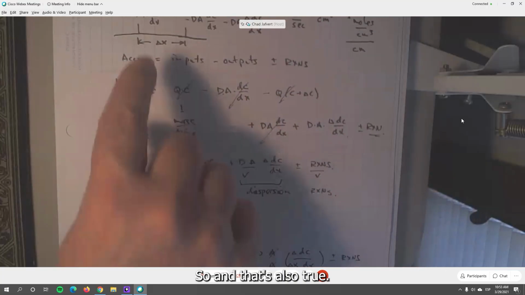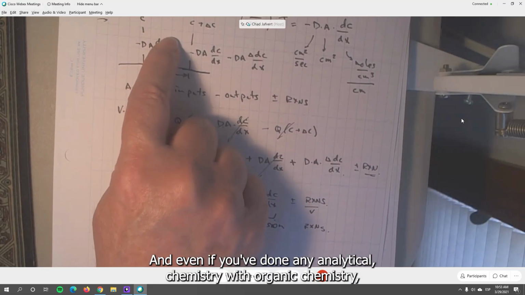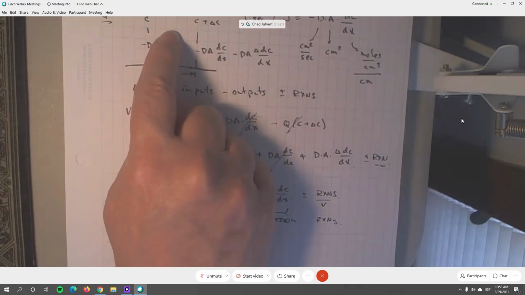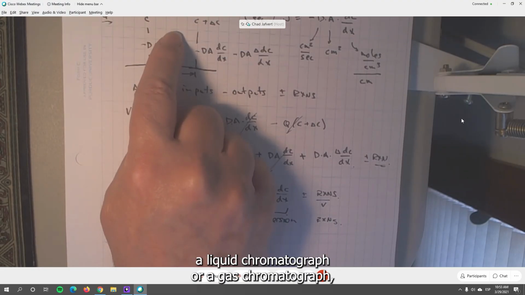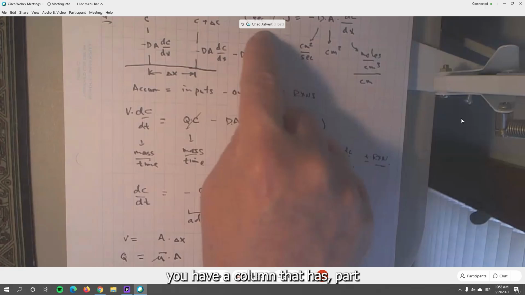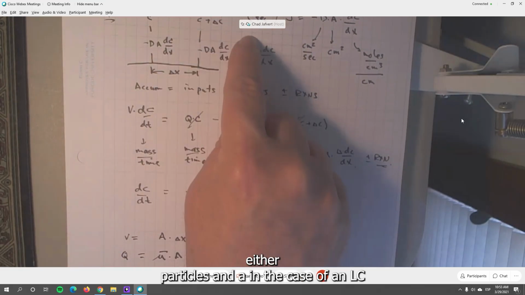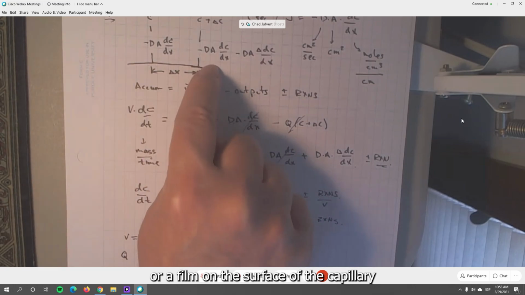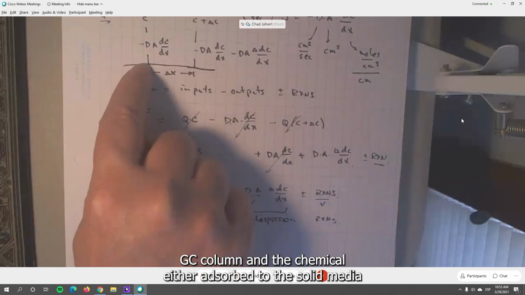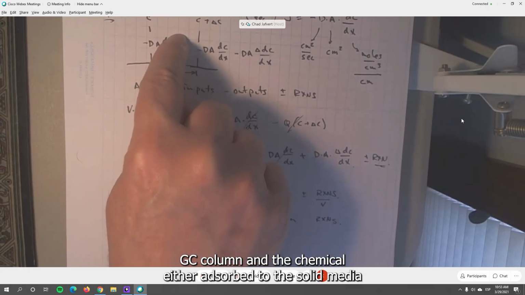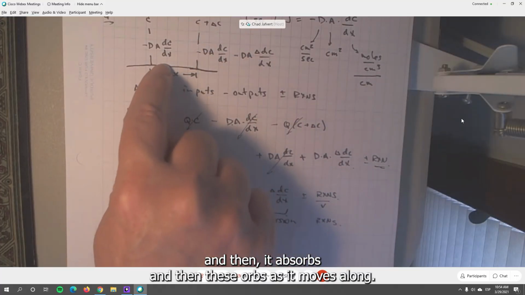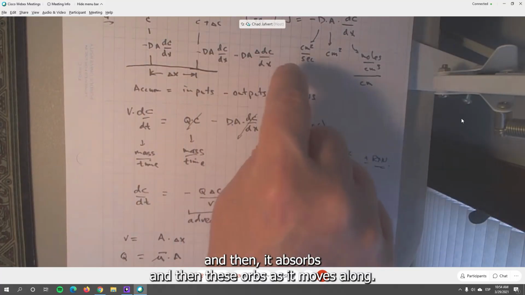That's also true if you've done any analytical chemistry with organic chemistry. If you use an LC or a GC, a liquid chromatograph or a gas chromatograph, you have a column that has either particles in it in the case of an LC, or a film on the surface of the capillary GC column, and the chemical either adsorbs to the solid media or it absorbs to the surface of the capillary, and then it absorbs and then desorbs as it moves along.